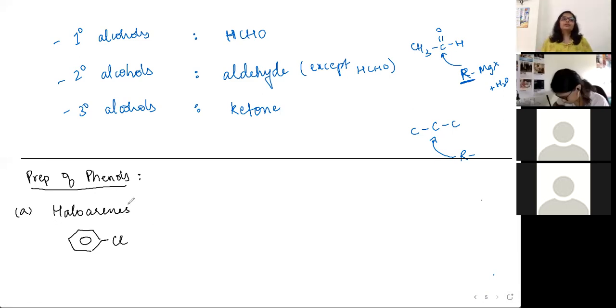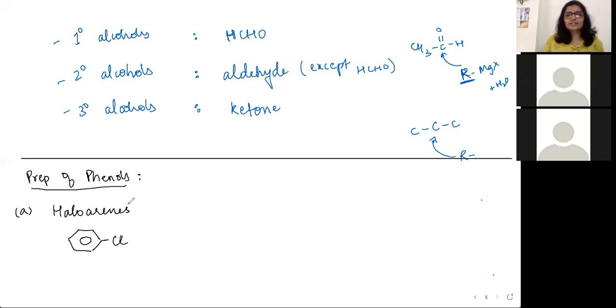Oh, Mitali got disconnected. But do you guys remember which reaction we're talking about here? You want to convert a haloarene into a phenol.